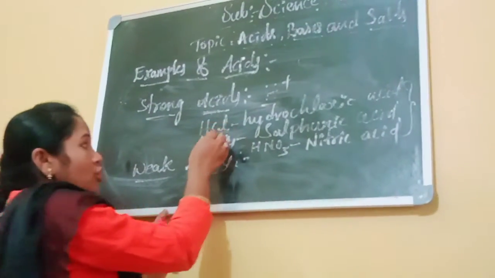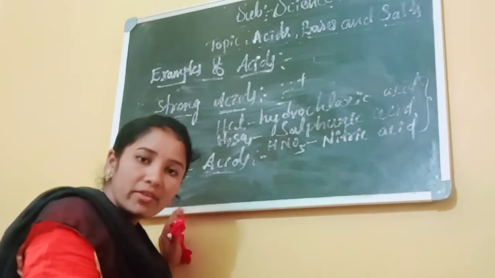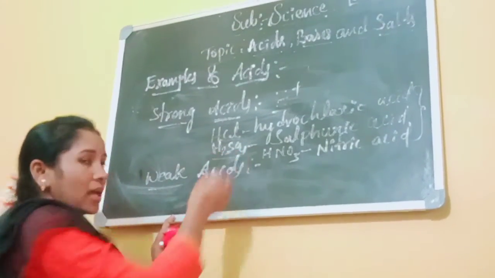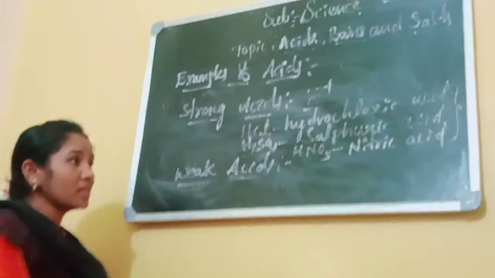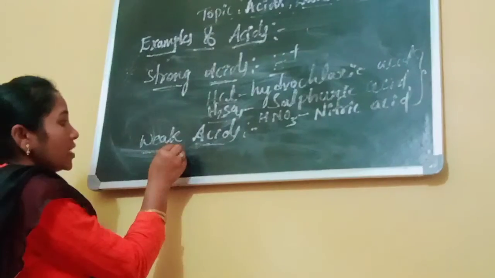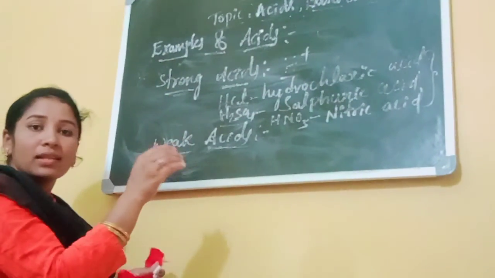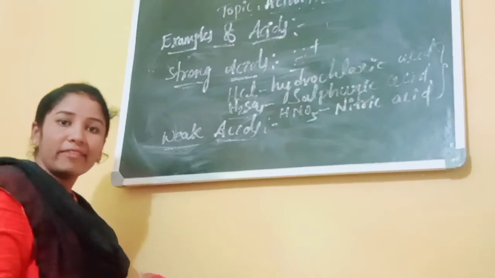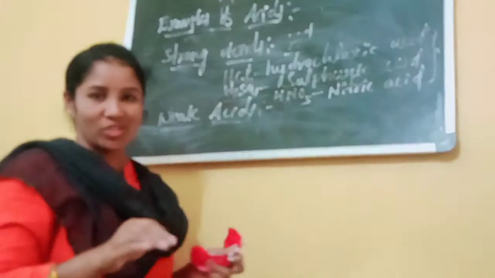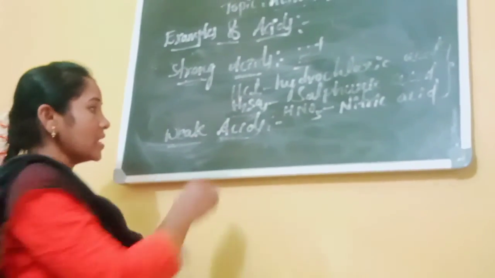Whenever HCl is put in water, it undergoes dissociation to form more H plus ions, and sulfuric acid also. These three are the strong acids. Understand? And let's see now weak acids. Strong acid means complete dissociation in water. Weak acid means incomplete dissociation, giving fewer H plus ions.